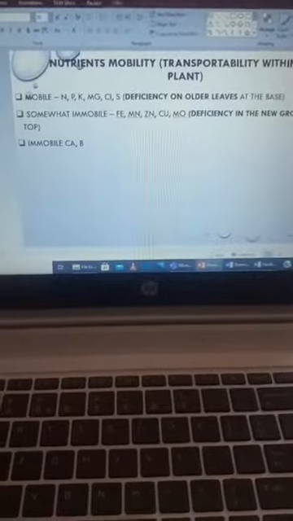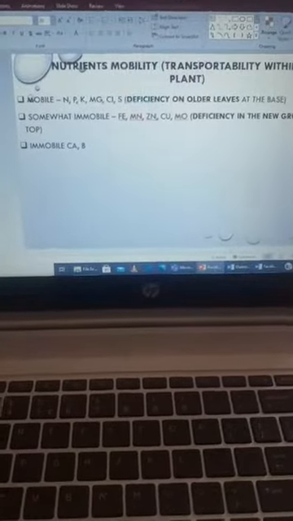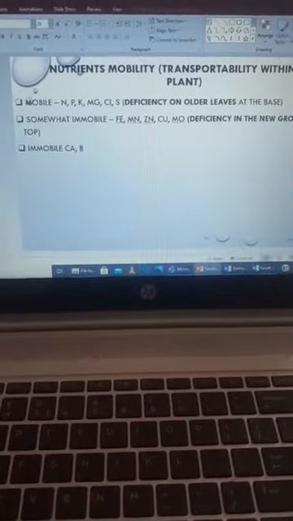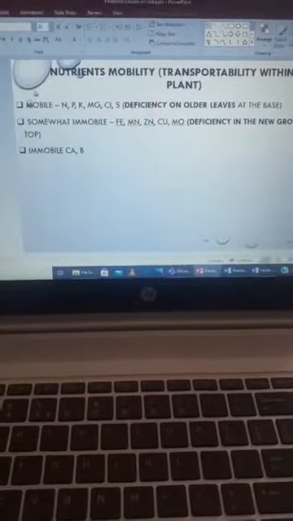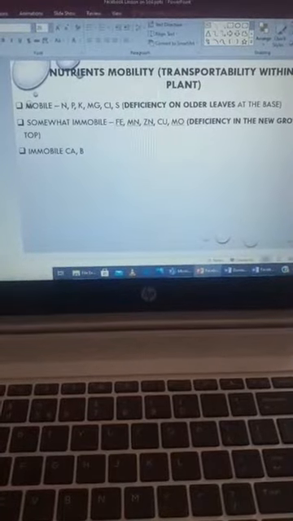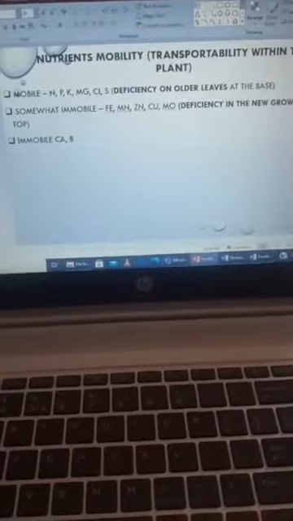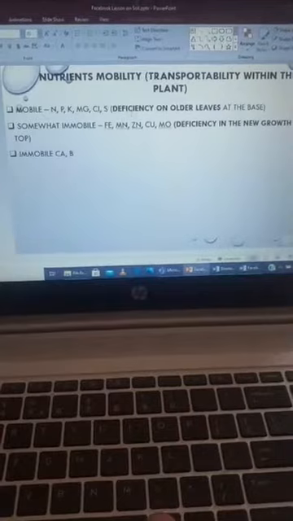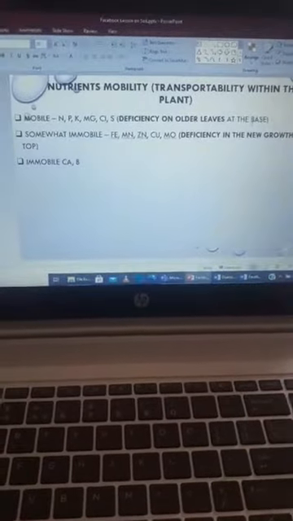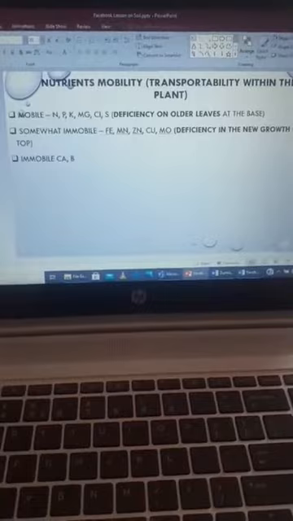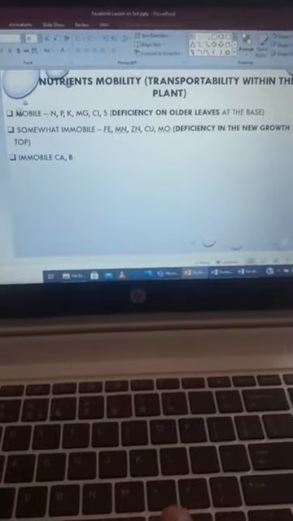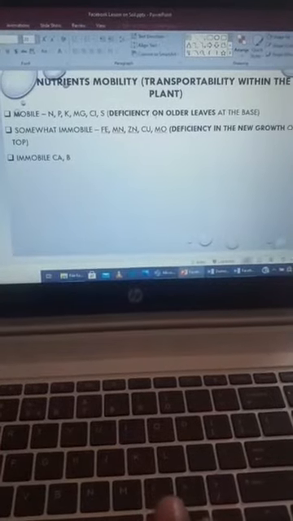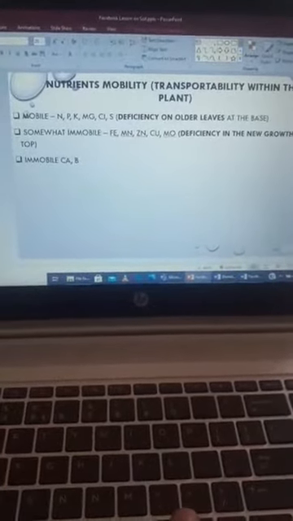So one, it's nitrogen, phosphorus, potassium, magnesium, chlorine, and sulfur. So these nutrients, they are mobile. They are able to be transported from older leaves to younger leaves in the plant. So that's why I said a deficiency here will mostly appear on older leaves at the base of your plant. So with most of our mobile nutrient elements, if you are short of them, you will see your plant showing some color, either purple or yellow, on older leaves.